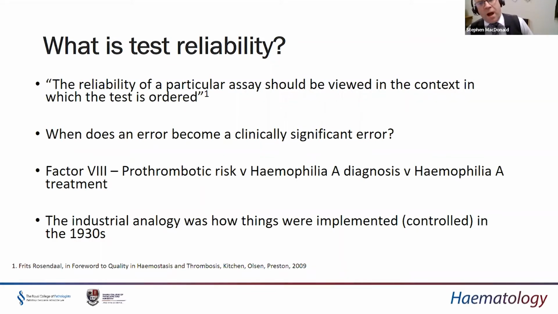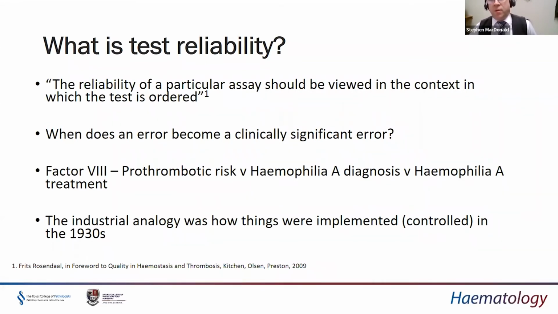And how do we determine ourselves how an error, or an unreliability, or an increase in variance, or a bias, or all of these different terms, becomes a clinically significant error that potentially can propagate to patient outcomes and can change the way that they are treated, diagnosed, and managed?